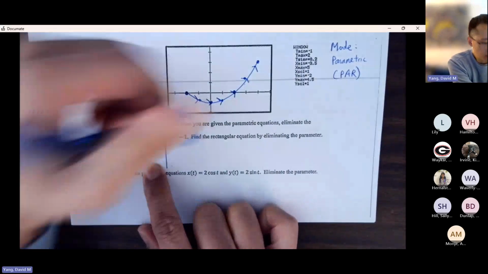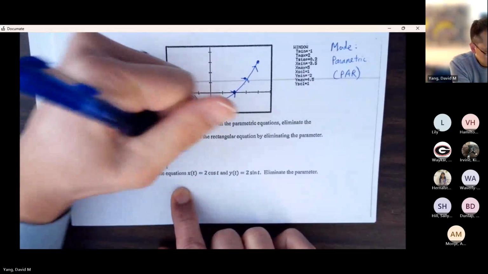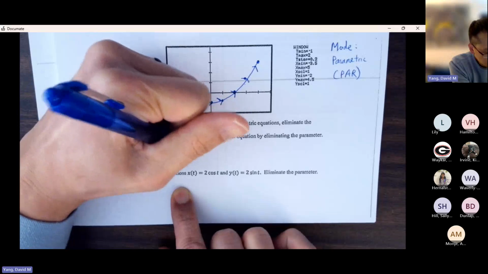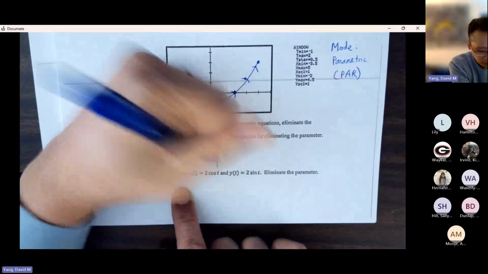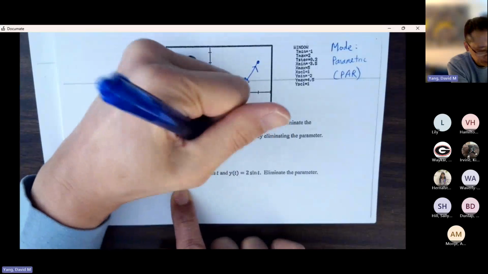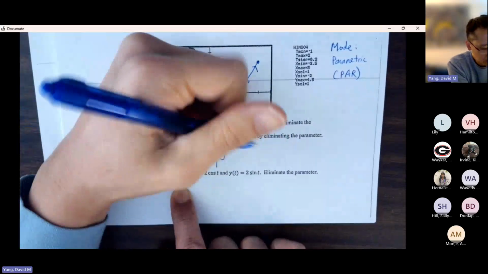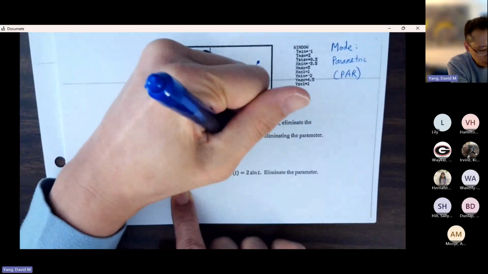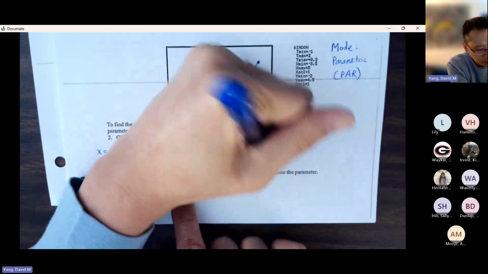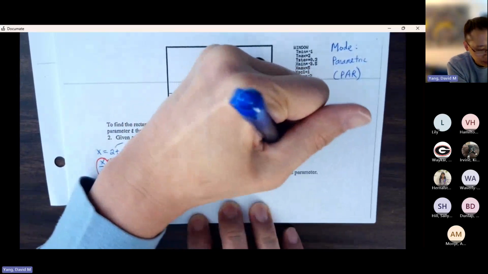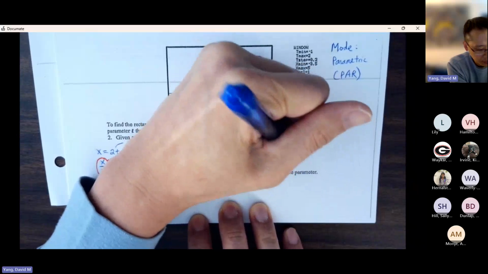So y is equal to x over 2 quantity squared minus 1. Let's do some cleanup here. This is x squared over 4 minus 1.